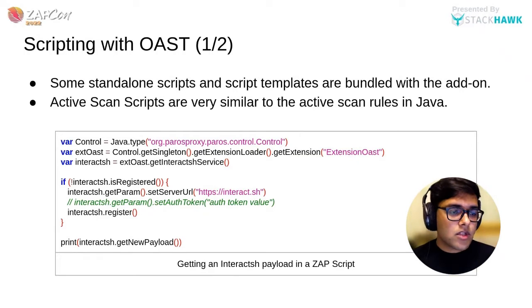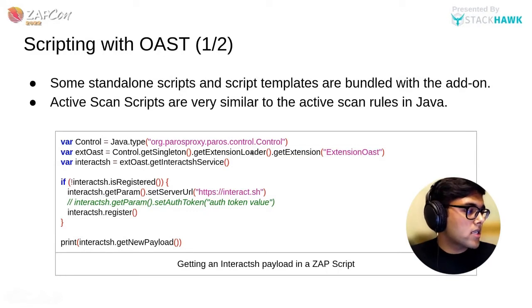So you can use the register, alert, and get payload methods inside scripts as well. And that will allow you to do the same things that you can do in Java scan rules. If you look at the code snippet here, we're doing the same thing.